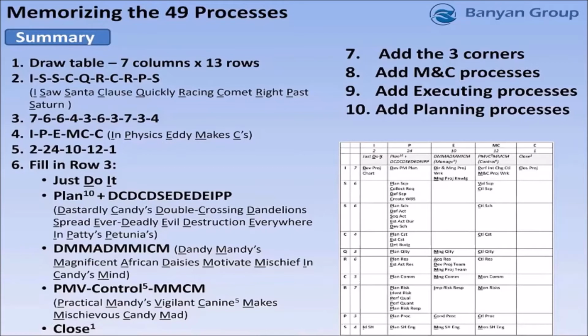Let's go to planning. Now, in planning, in all 10 knowledge areas, write plan. You can write plan because it will come in all knowledge areas. Plan, plan, plan, 1 to 10.